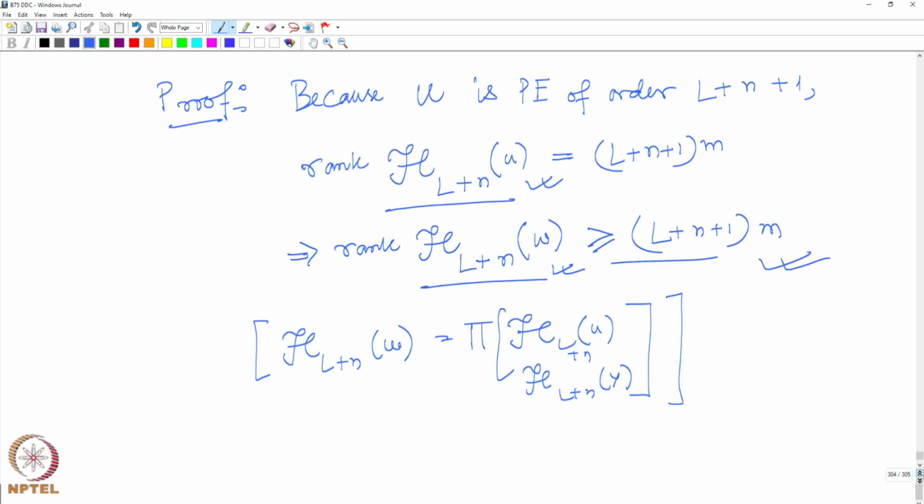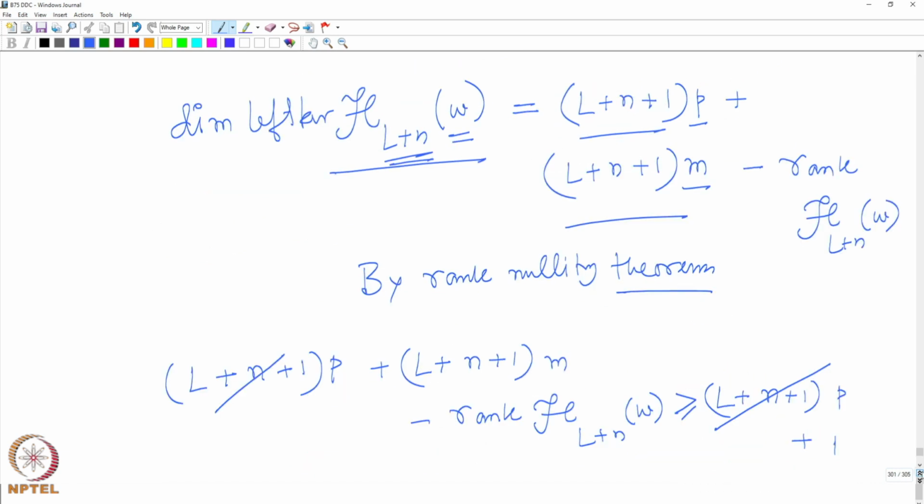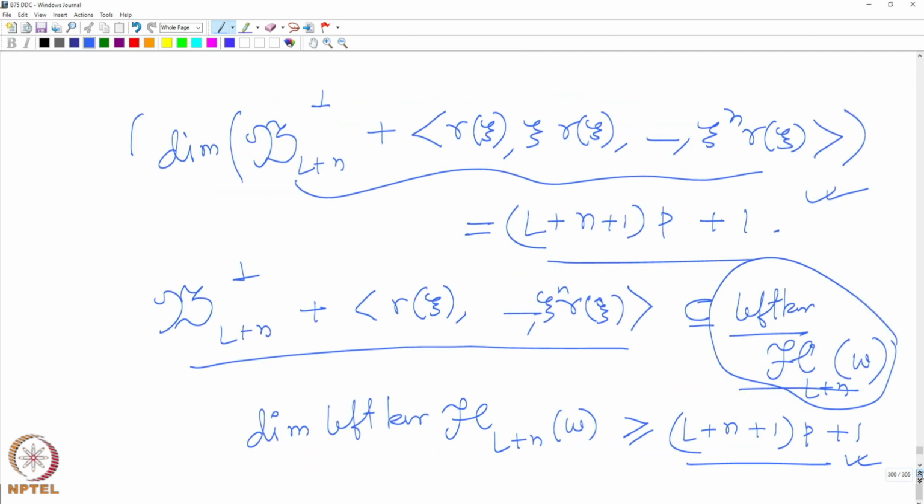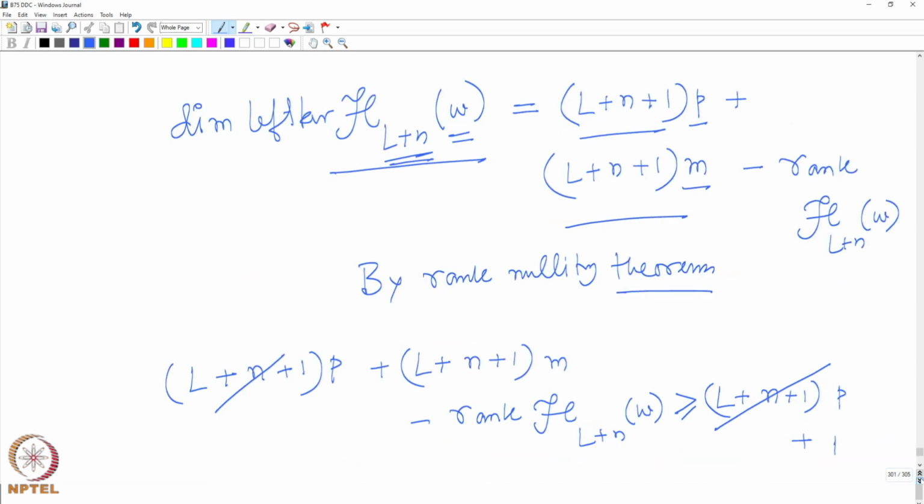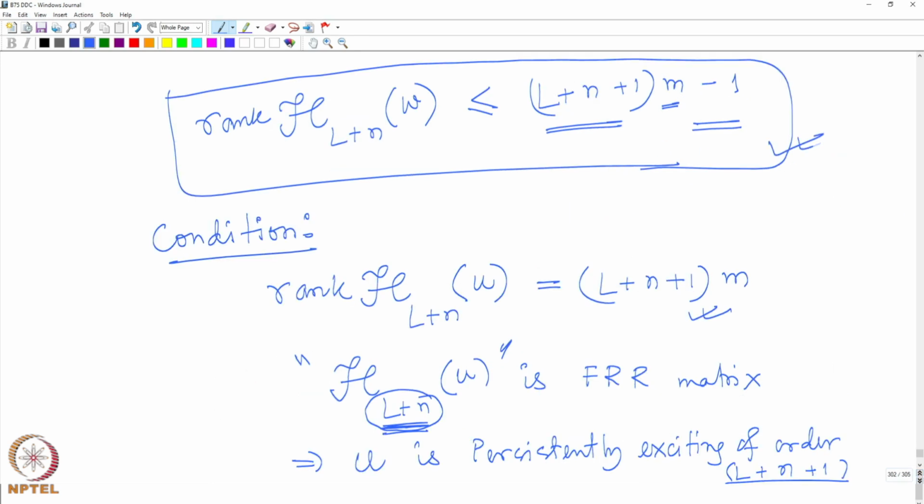Remember, when this intersection is 0, we have this condition, which also further implies that this rank must satisfy this.